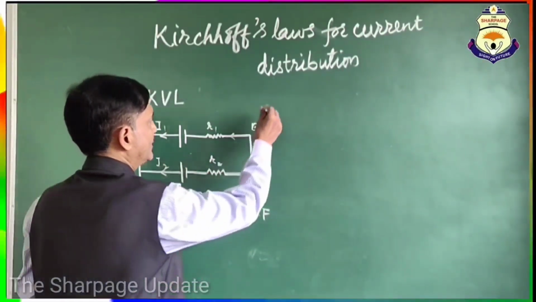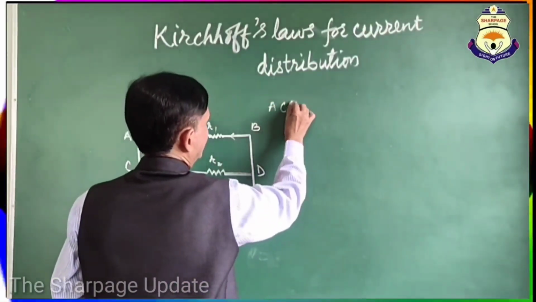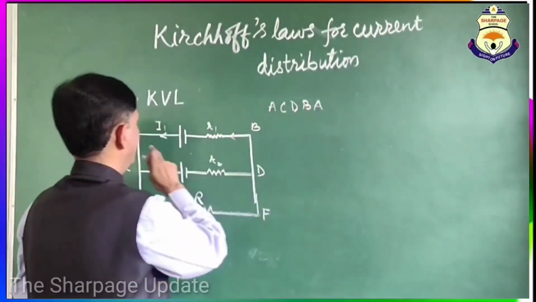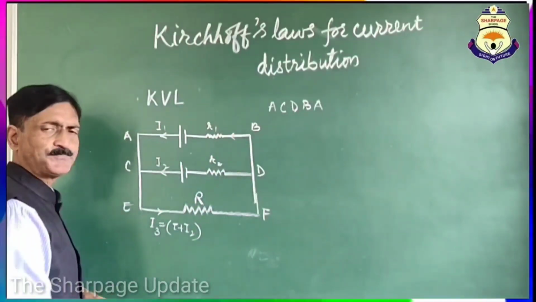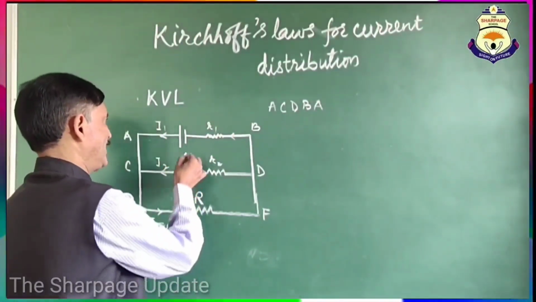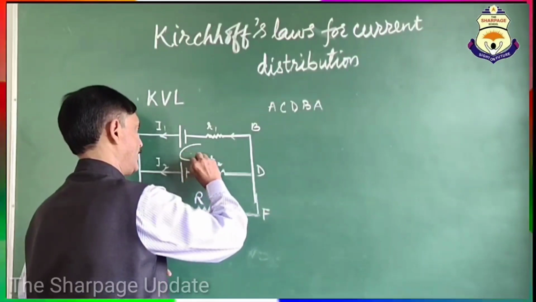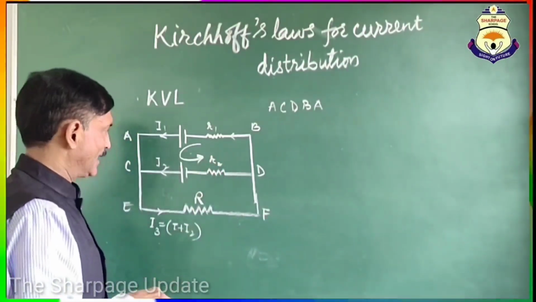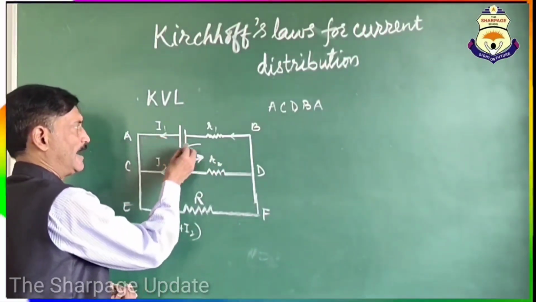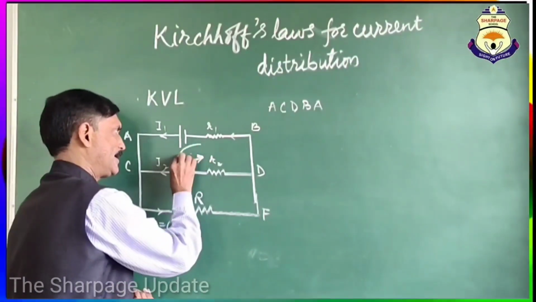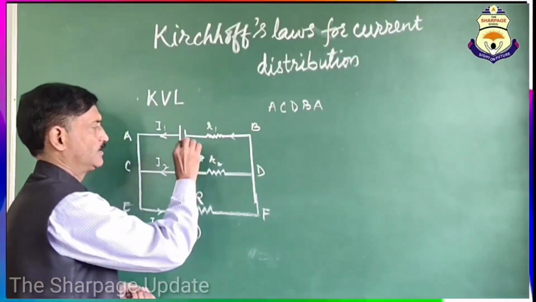So in closed circuit A, C, D, B, A, if the direction of electric current is in this way, means current is starting from here and is going in this direction.